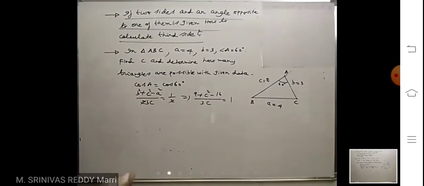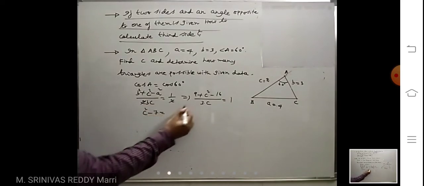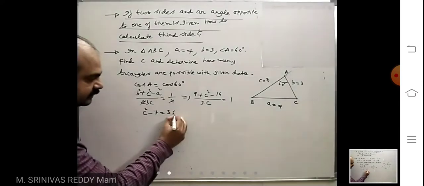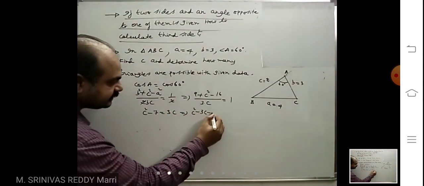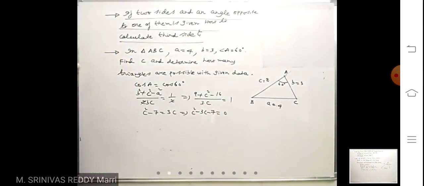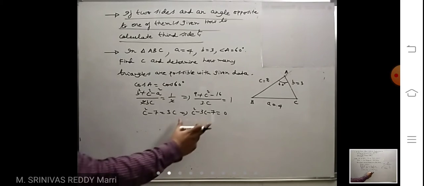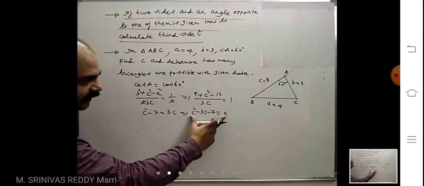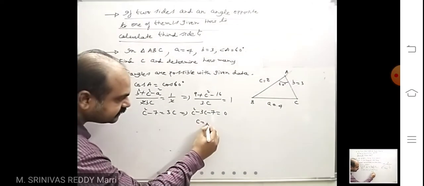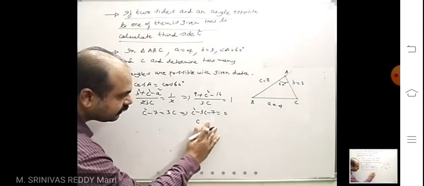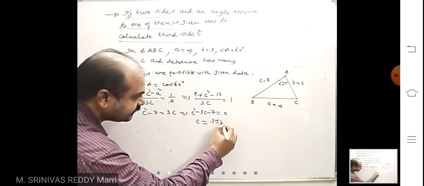Now c square minus 7 equals 3c. That implies c square minus 3c minus 7 equals 0. Now you got a quadratic equation in c. Solve for c.